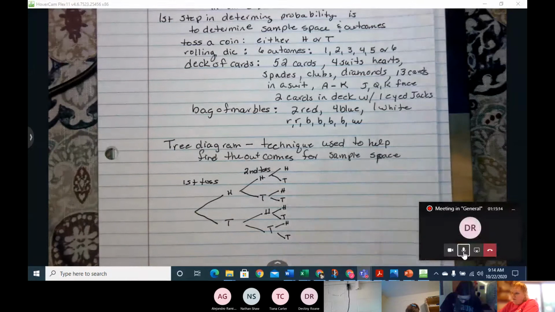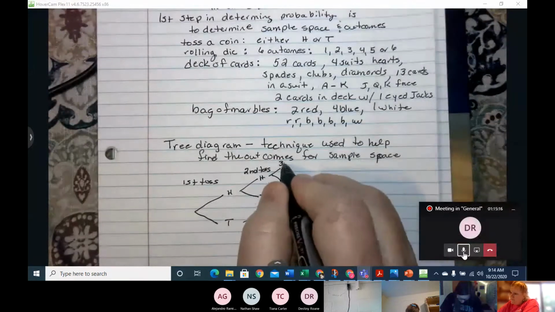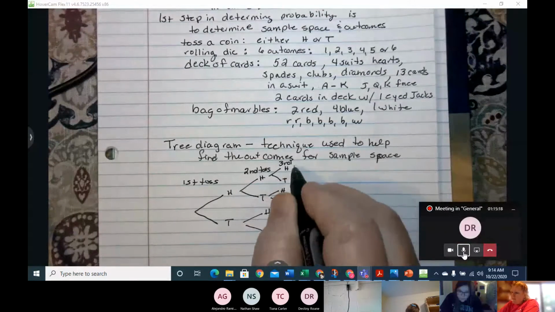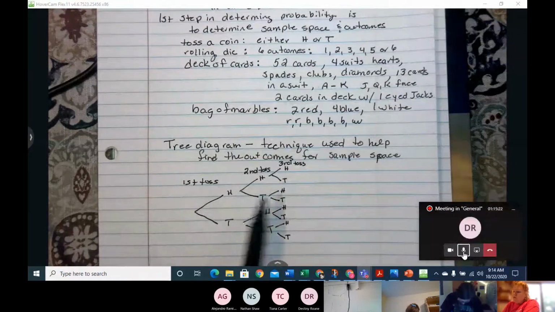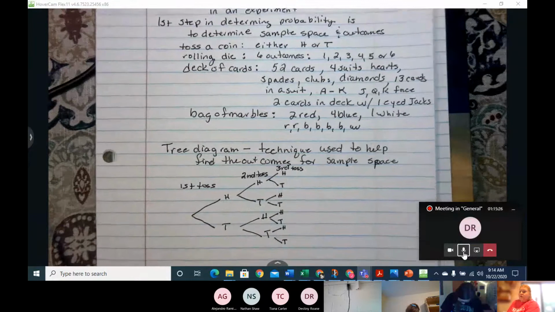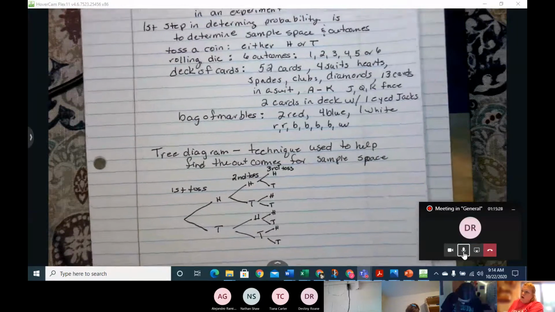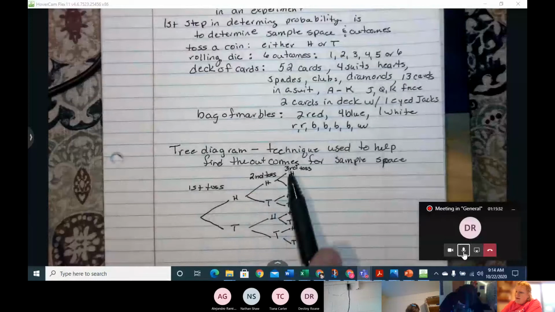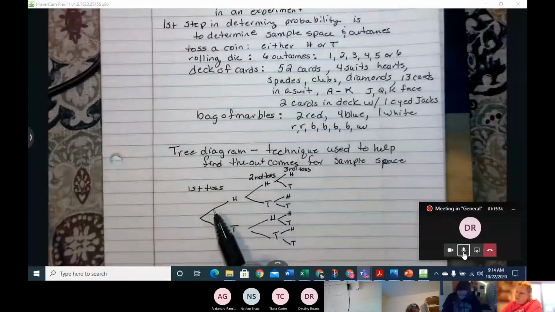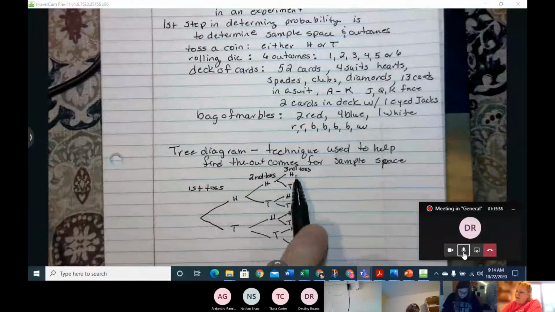And that's the use of our tree diagram to look at toss 1, toss 2, and toss 3. And now what we're going to do to see what are the possible outcomes is to follow the branches and to connect them. So on the first toss, we got heads, heads, heads.